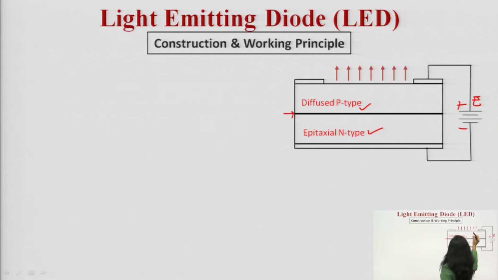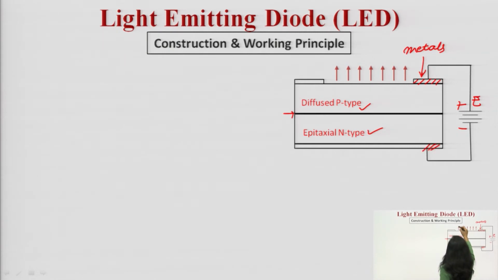Now you can see for the anode and cathode, the two terminals have been taken out with the use of metals. This is the metal terminal via which anode and cathode terminals have been taken out.